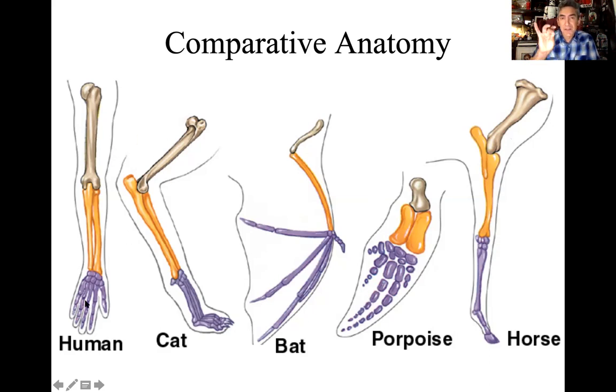We have very dexterous fingers, right? If you look at a horse, they don't. They have modified the same bones for very different purposes. So comparative anatomy, trying to show some of the similarities in physiology, in phylogeny, I should say.